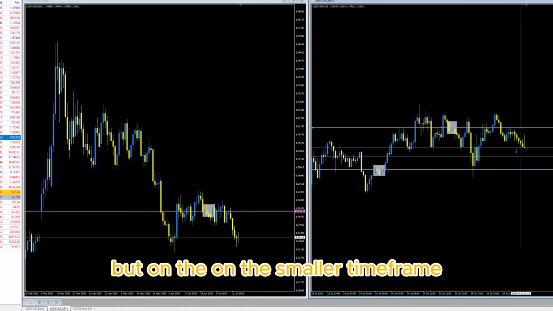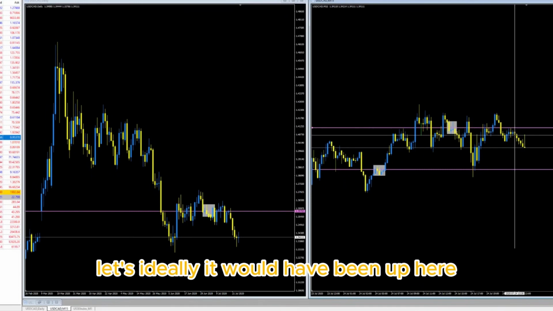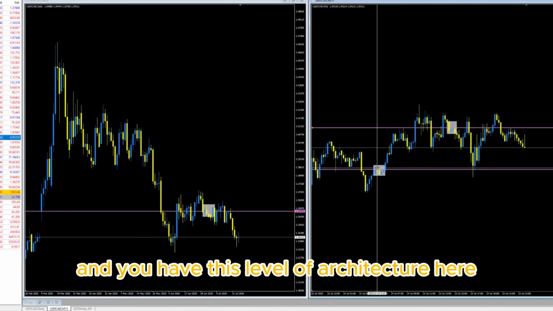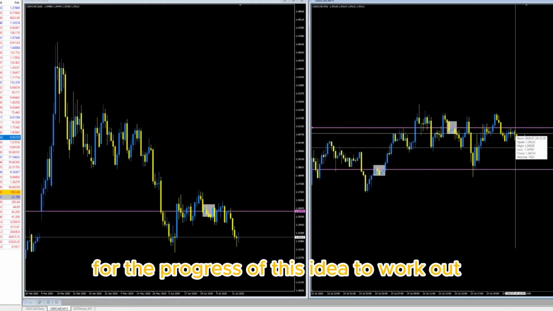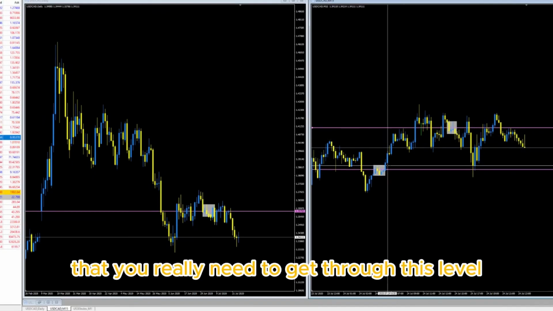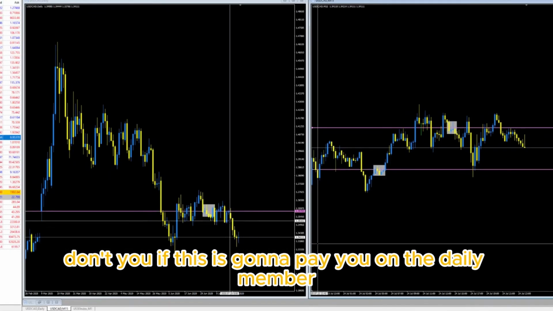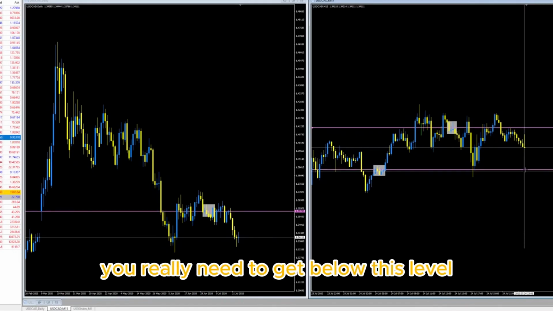But on the smaller time frame, if you're entering somewhere in here, ideally it would have been up here because then you're tighter to your risk, and you have this level of architecture here, you see that it's respected it, then you can see that initially for the progress of this idea to work out, you really need to get through this level, don't you? If this is going to pay you on the daily, remember the trade is the daily, if that's going to pay you, you really need to get below this level.